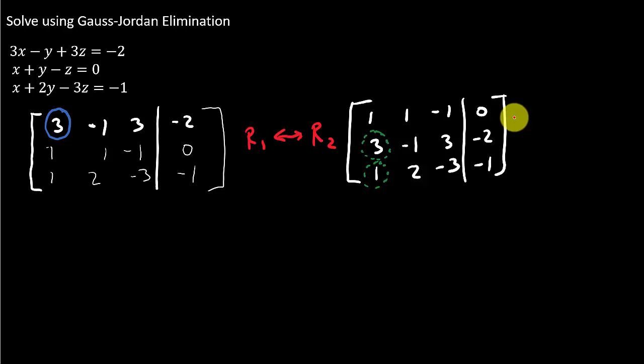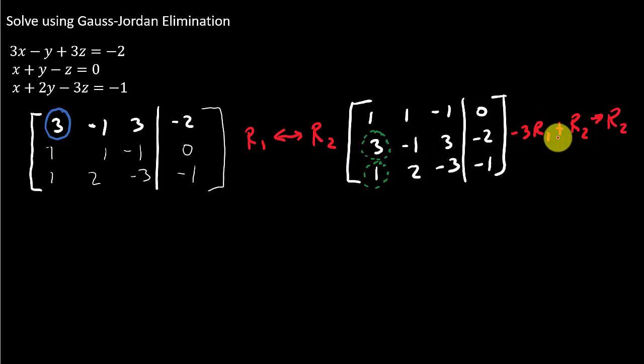So I'm going to do -3 times row 1 plus row 2, and I'm going to replace row 2 with whatever I get when I add those together.